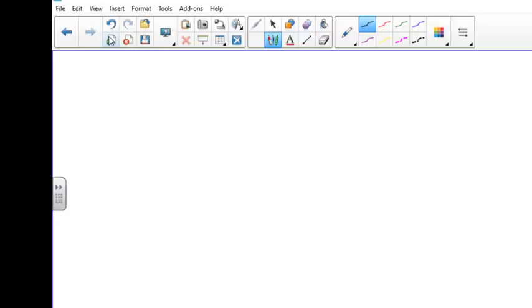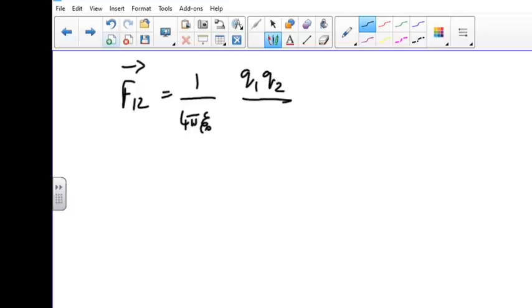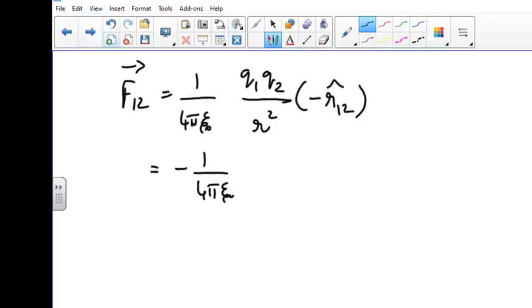Therefore, we can write the equation as F12 vector is equal to 1 by 4 pi epsilon naught q1 q2 by r squared into minus r12 cap, which is equal to minus 1 by 4 pi epsilon naught q1 q2 by r squared into r12 cap.